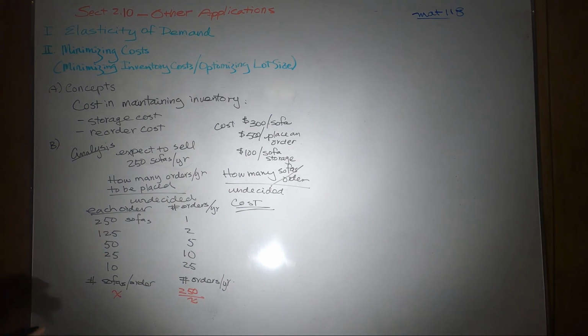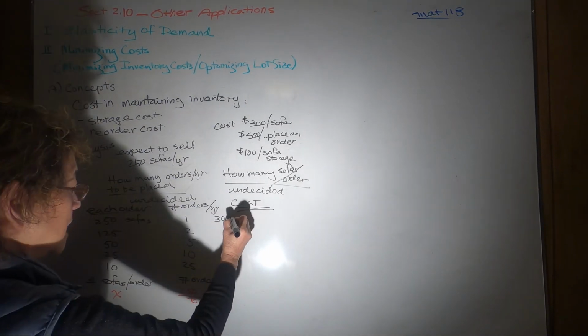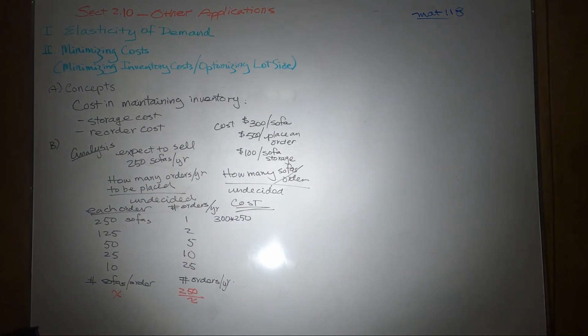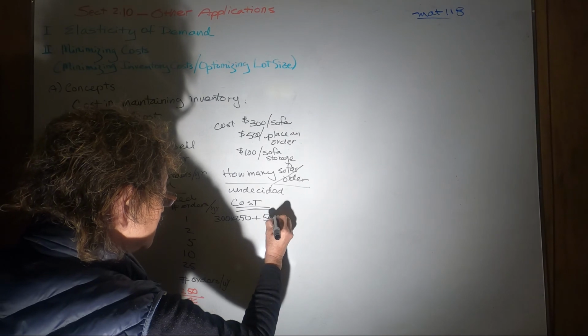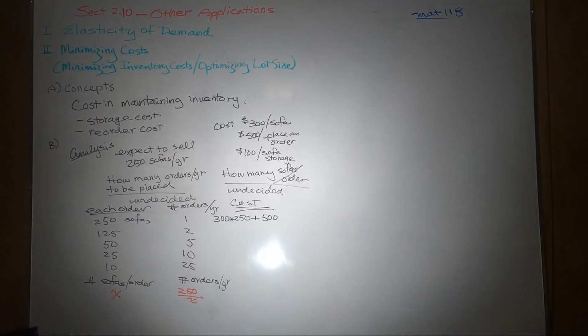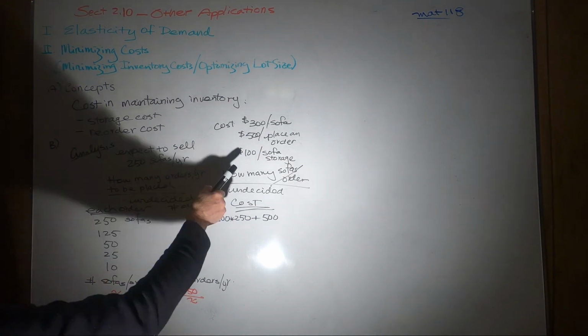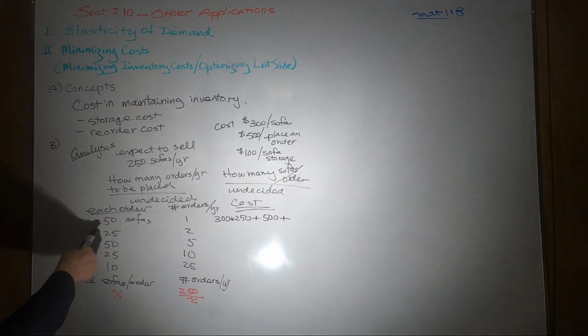So if you order 250 at one shot, each one will be $300 times 250 of them. Is that right? Then each order will cost you $500. Then how about the storage? $100 per sofa, right? So how much does it cost you for 250?